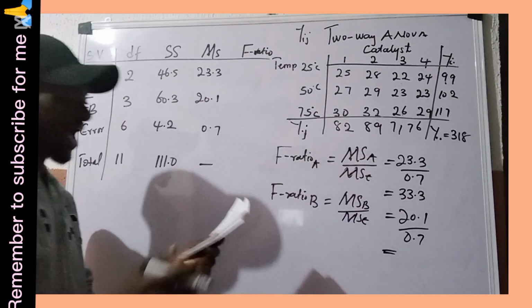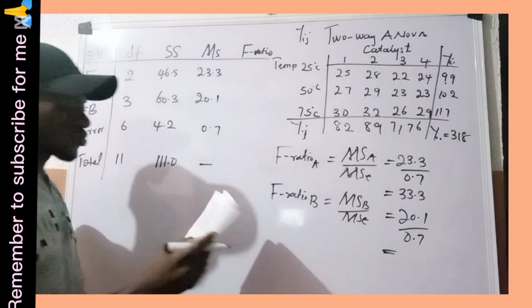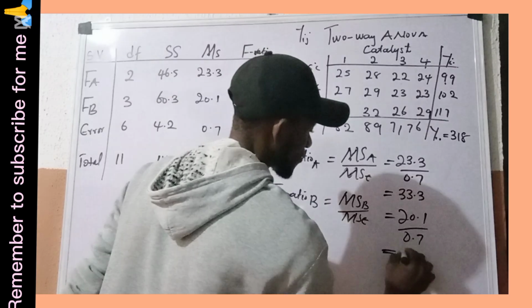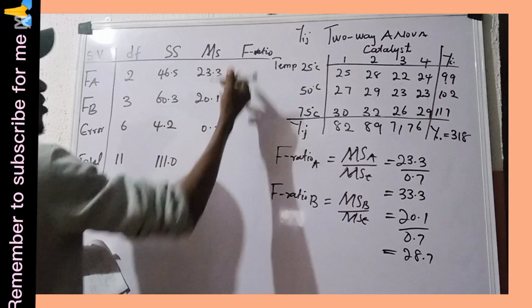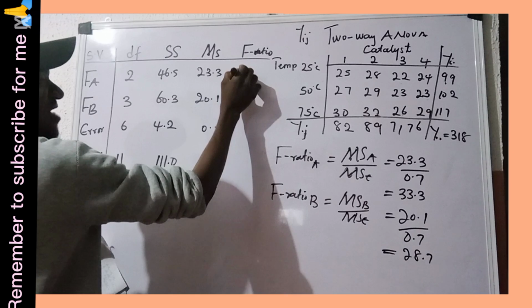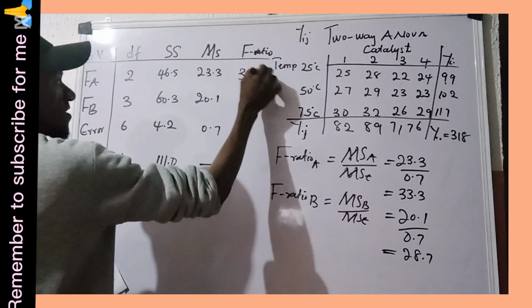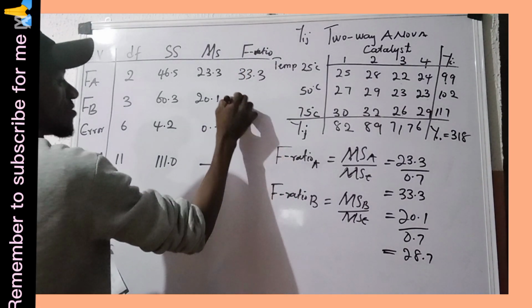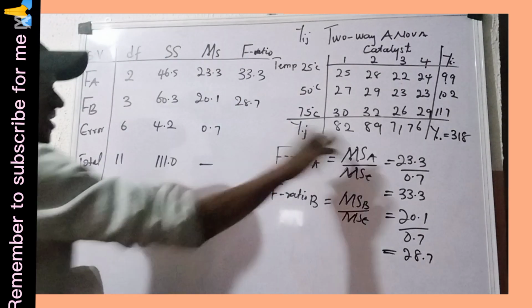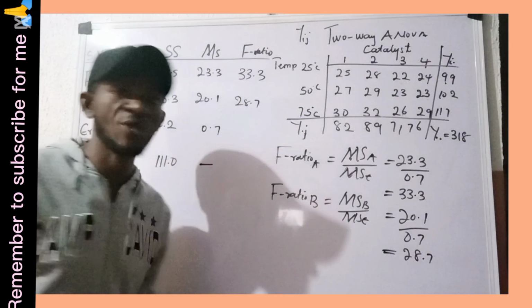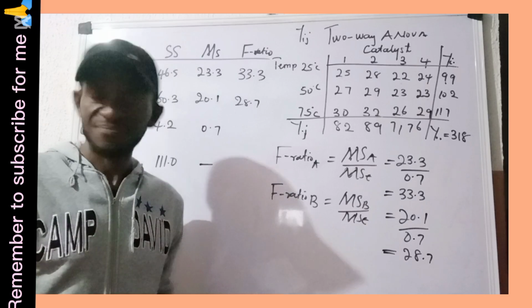The answer they have here is 28.7. You can decide to cross check, 28.7. So I'll recall the values up here: my F ratio here is 33.3 and here it is 28.7. Okay? These are our F ratios, which we are calling our F cal.